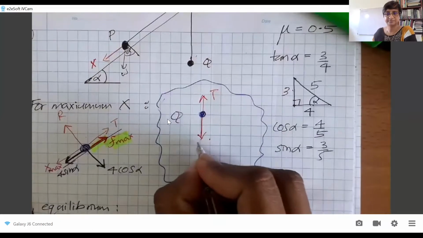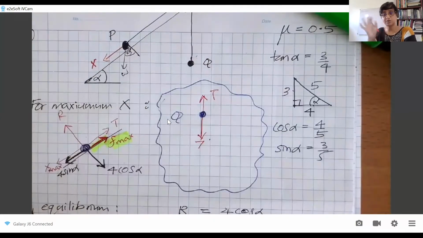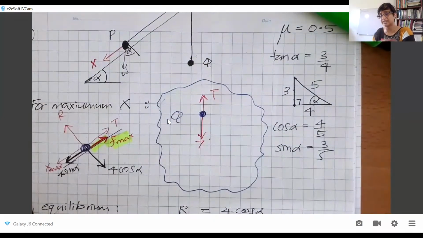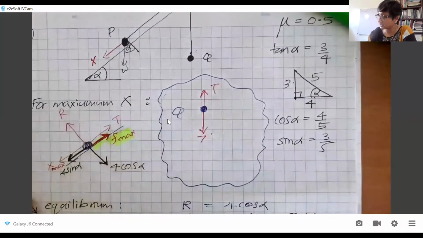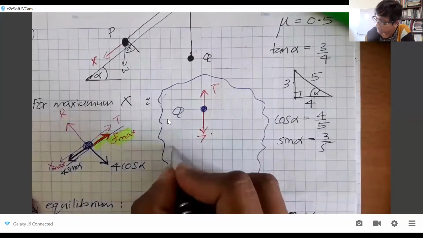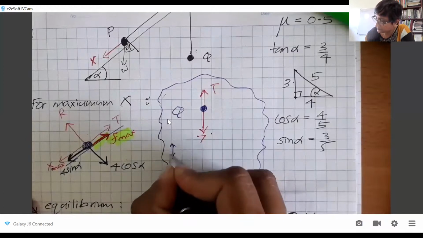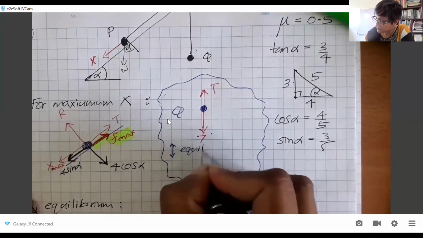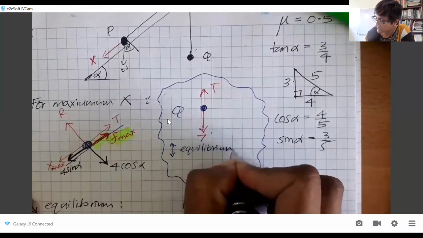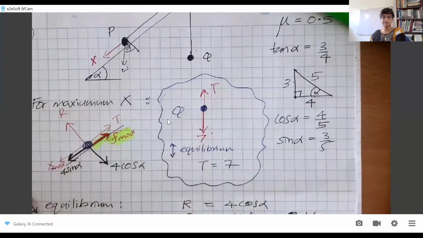There is no F equals ma. It's not accelerating. It's in equilibrium. When you consider vertical equilibrium, T is equal to 7. Done. You found T already.